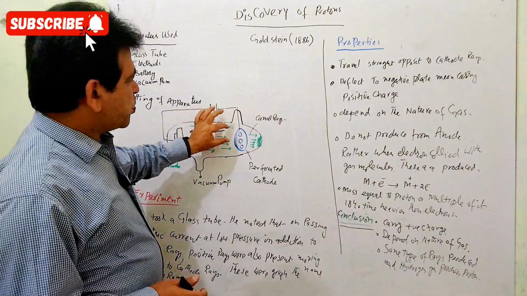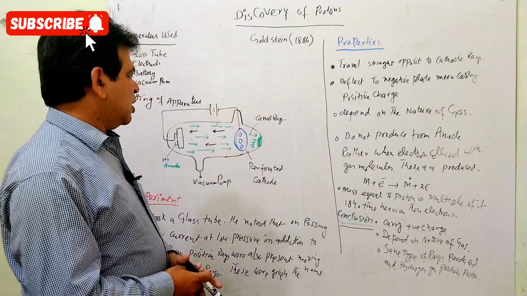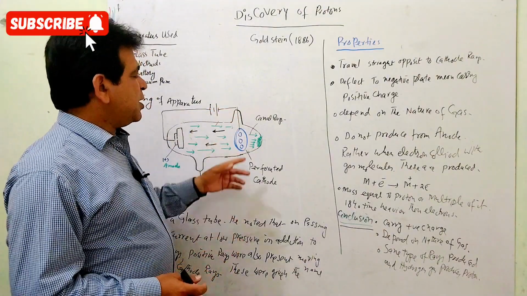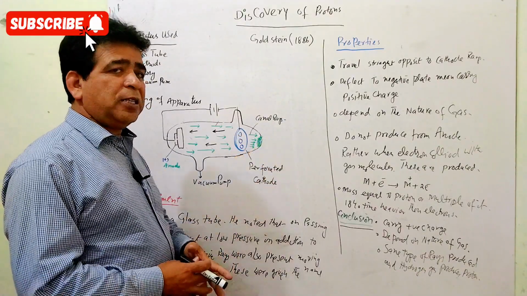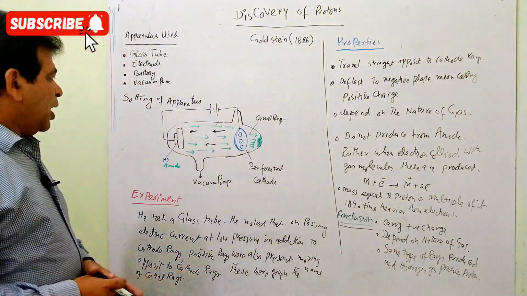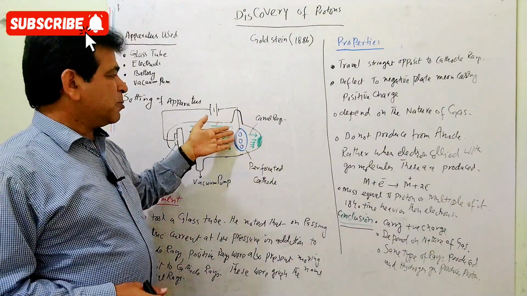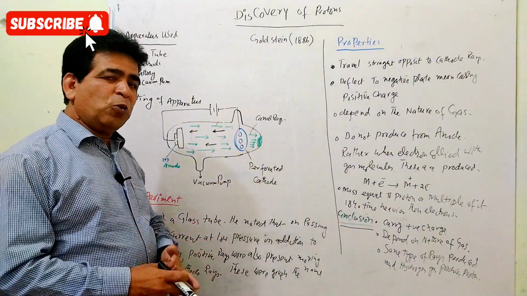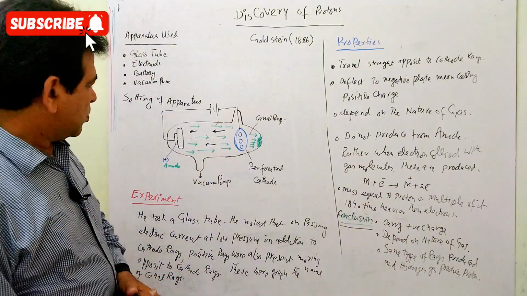These rays passed through the holes present in the cathode, hit the walls of the glass tube, and produced a glow on that side. These rays were given the name canal rays because they passed through the canals or holes present in the cathode.